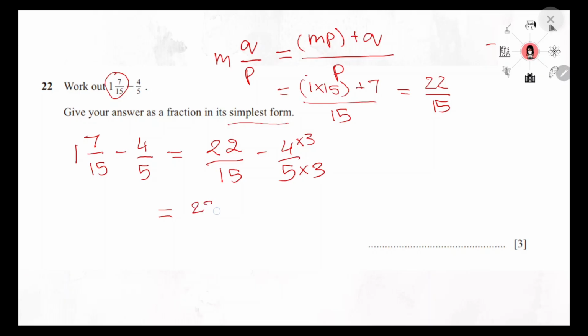So we'll get 22 by 15 minus 4 into 3 is 12, so 12 by 15. Now since the denominators are same, we'll simply subtract 12 from 22, giving us 10 by 15. They're asking for the simplest form, and 10 by 15 can be simplified to 2 by 3. Thus the answer would be 2 by 3.